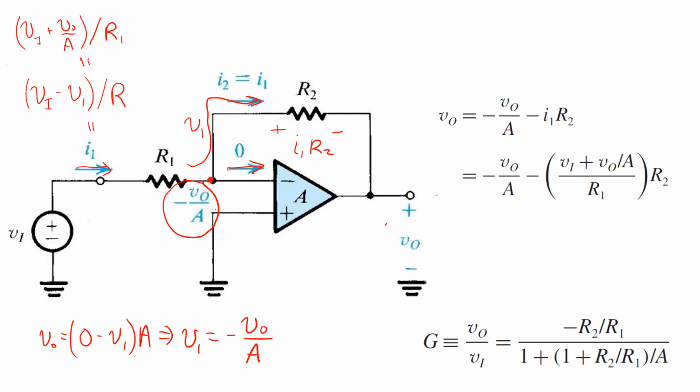Finally, the output voltage VO can be written as the voltage V1 minus the voltage drop across the resistor R2.